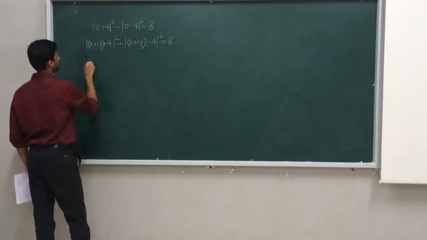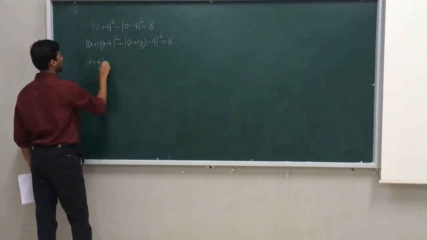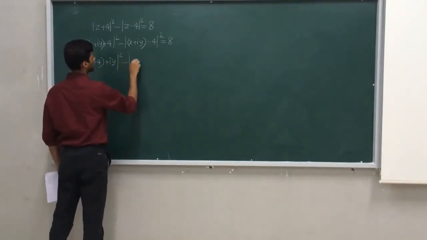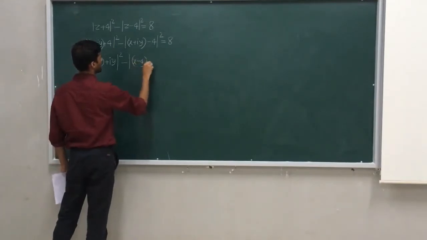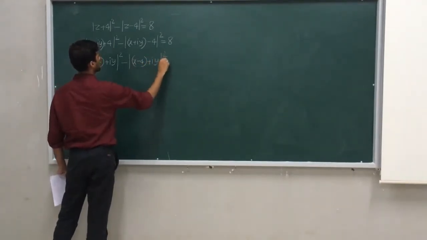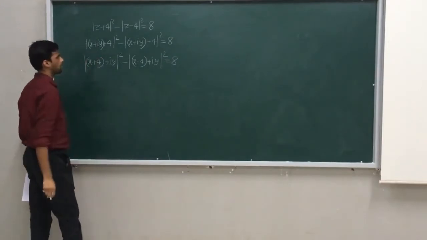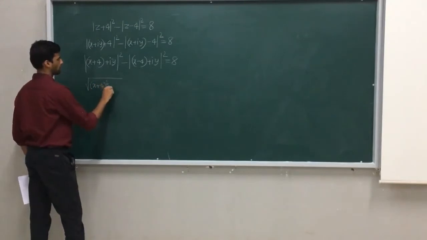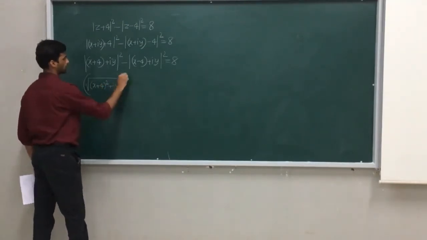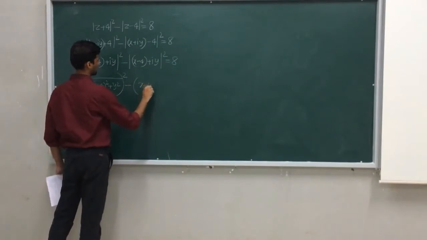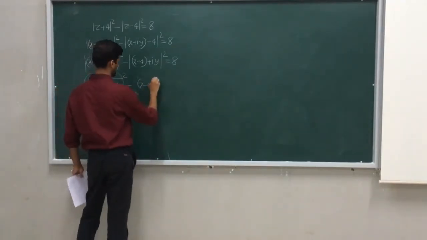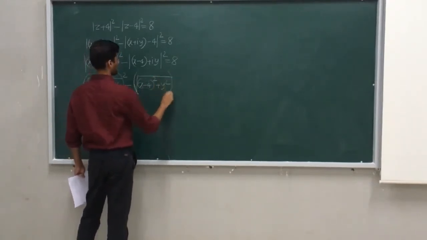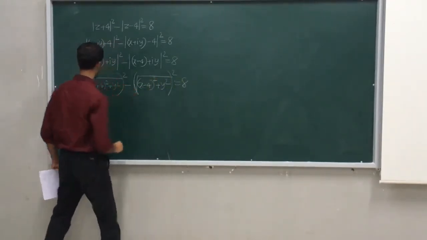So I will write x plus 4 plus iy whole square minus x minus 4 plus iy whole square equal to 8. Mod is nothing but the square root of x plus 4 the square plus y square, the whole square, minus the square root of x minus 4 the square plus y square, the whole square, equal to 8. The square root and square will get cancelled.